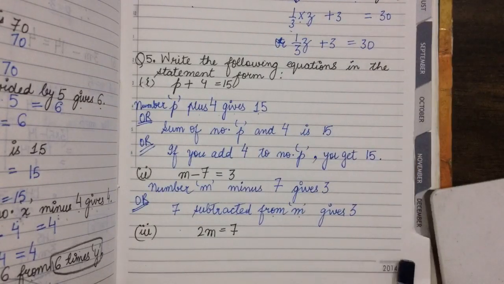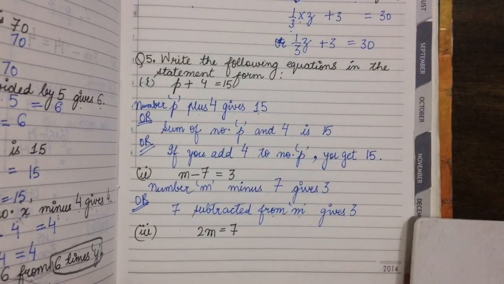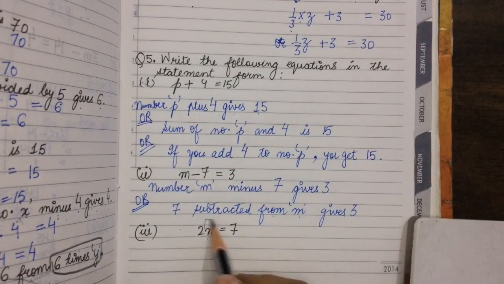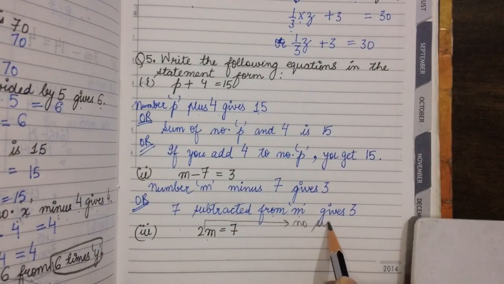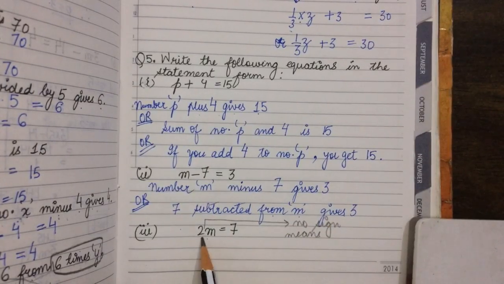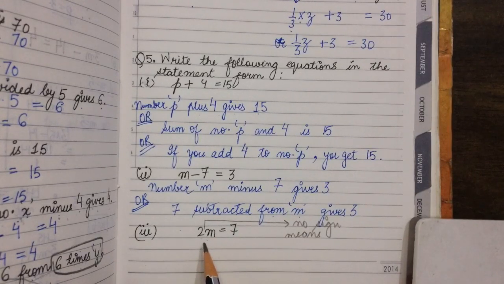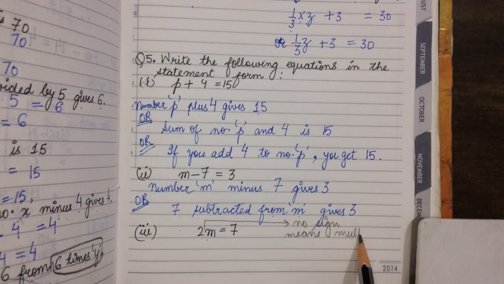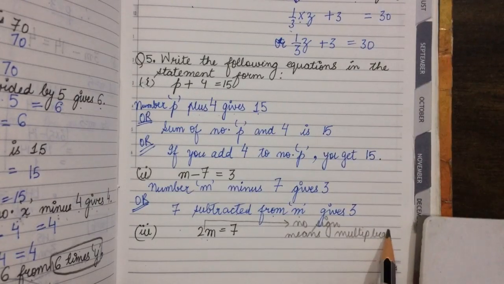Third part, we have 2m equals to 7. 2m, there is no sign. No sign between the numbers means, between 2 and m you cannot see what's happening here. No plus, no minus. So this means multiplication.